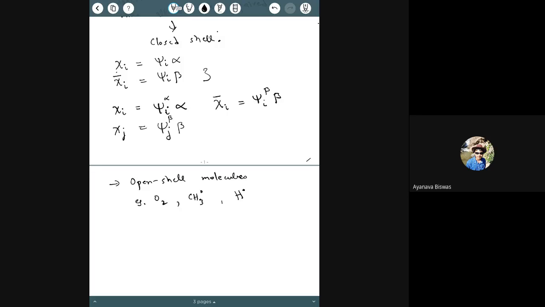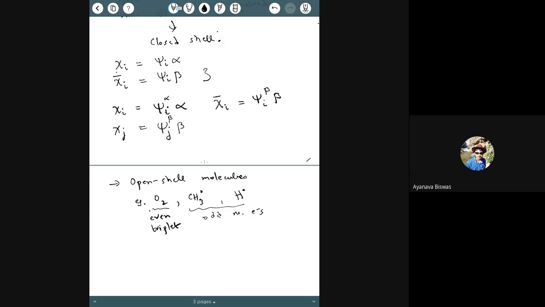These are all open shell molecules. Here there are an odd number of electrons, so they are by construction open shell, and here you have an even number, but it's still triplet. So this is also an open shell.